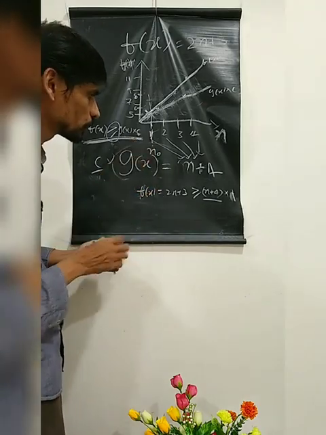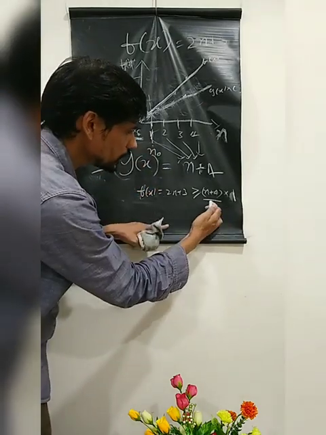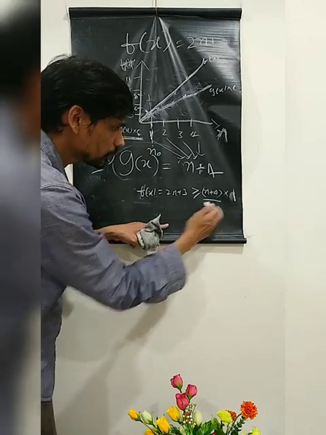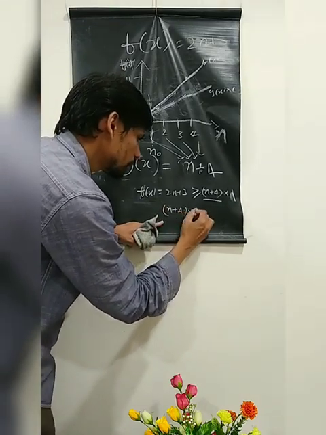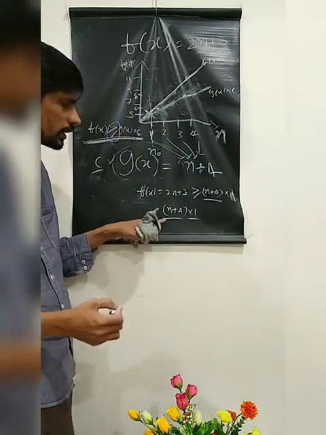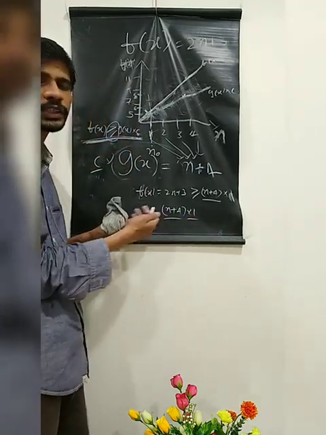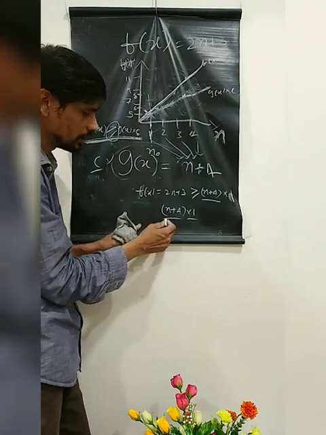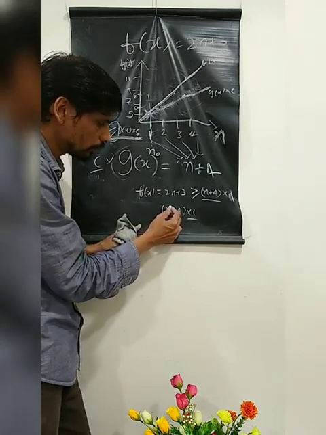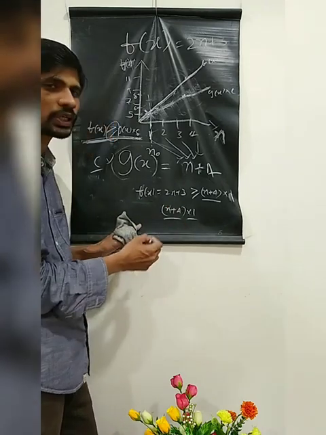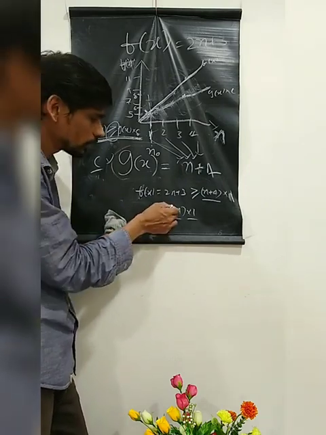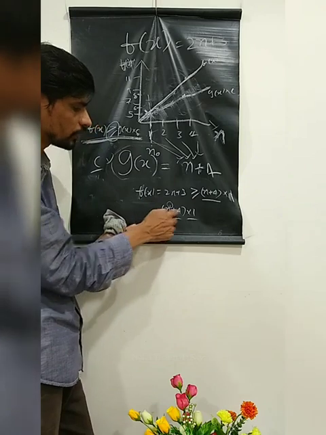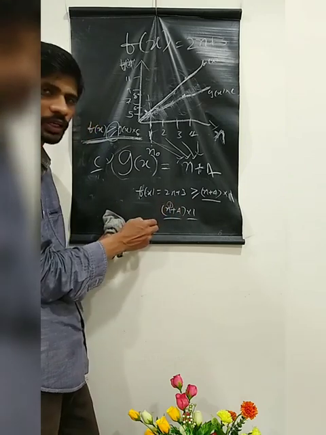So now, what is my g of x multiplied by c? N plus 4 multiplied by 1, right? So what is the highest degree of n here? We can mark this as n power 1 also, right? So that I get the degree of n as 1, right?